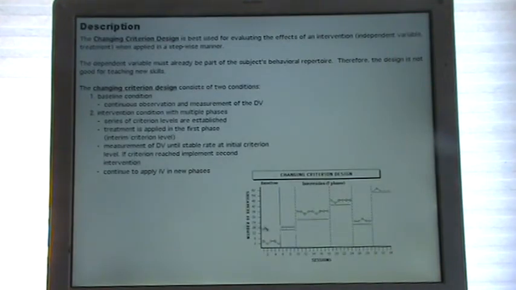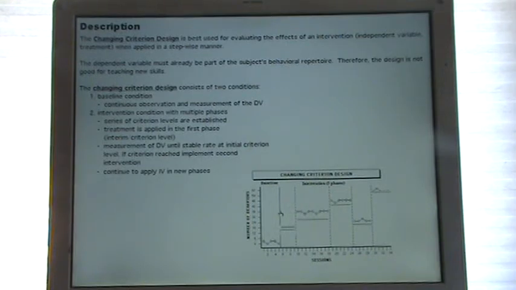Here is the graph of a changing criterion design. So it's a very typical graph. Your x-axis, the horizontal axis, is the number of data collection sessions, and your y-axis is the number of behaviors. And you'll notice it looks like others. It has a baseline condition here, but the intervention is divided up into different phases, and I'm going to explain that as we go along, but I just wanted you to see the difference.